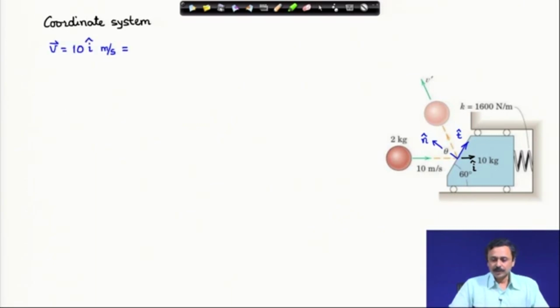Now, this initial velocity of the ball is 10 I cap meter per second.